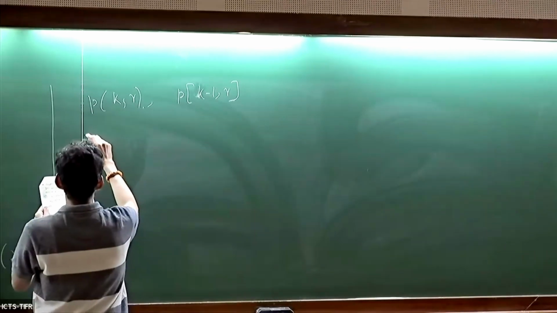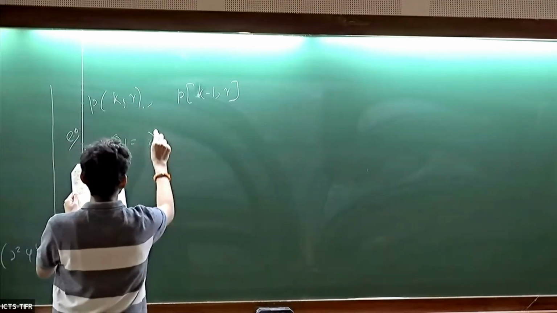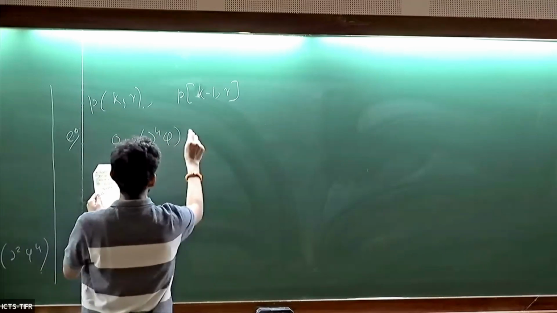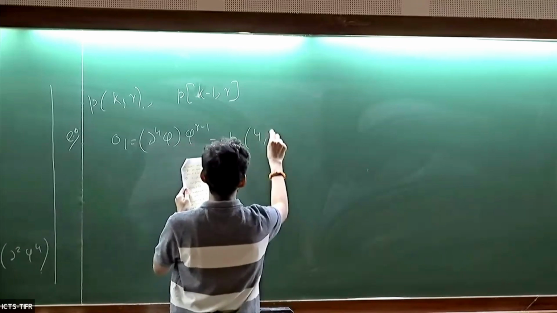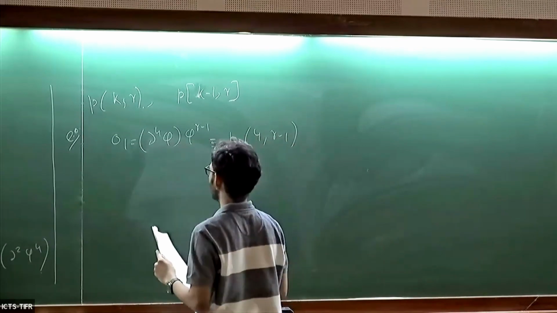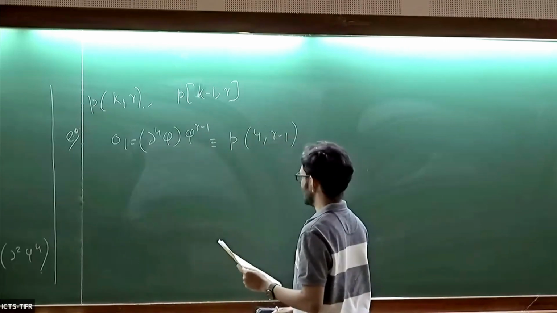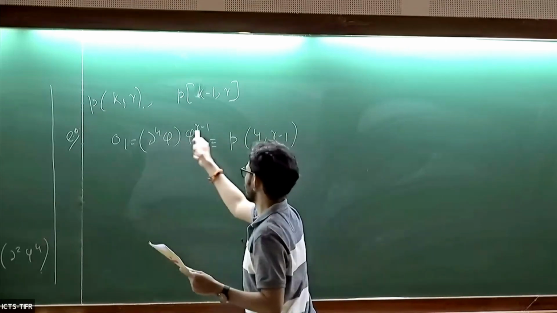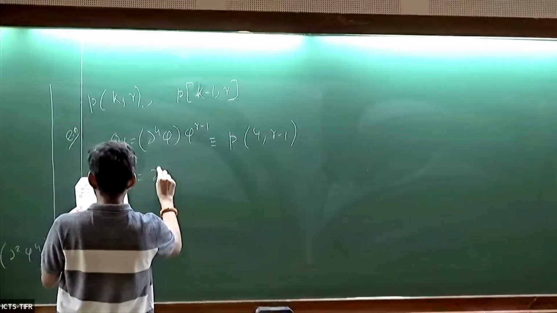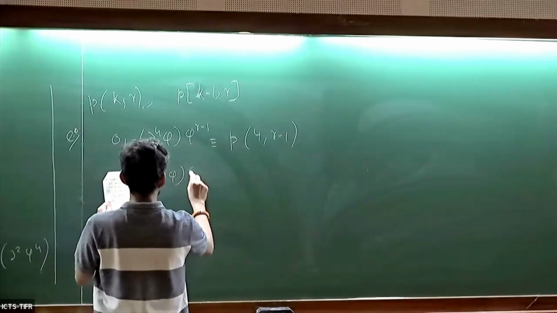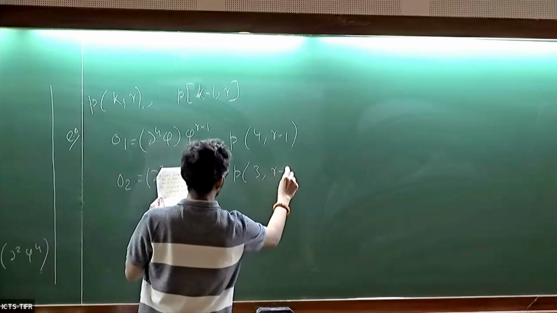Now we can think of another example. Let's say I have O1, which is del^4 phi, phi^(r-1), which is a partition P(4, r-1). I'm just suppressing the 4 and r-1 to tag it in this way. And then O2 as del^3 phi and phi^(r-1), which is P(3, r-1).